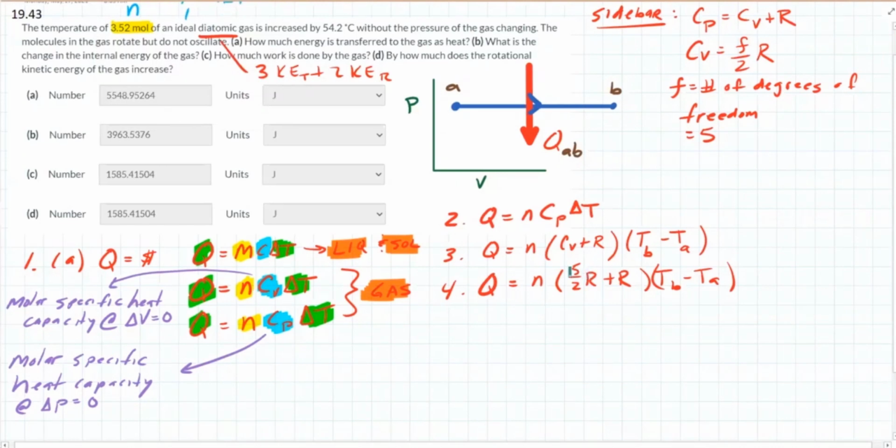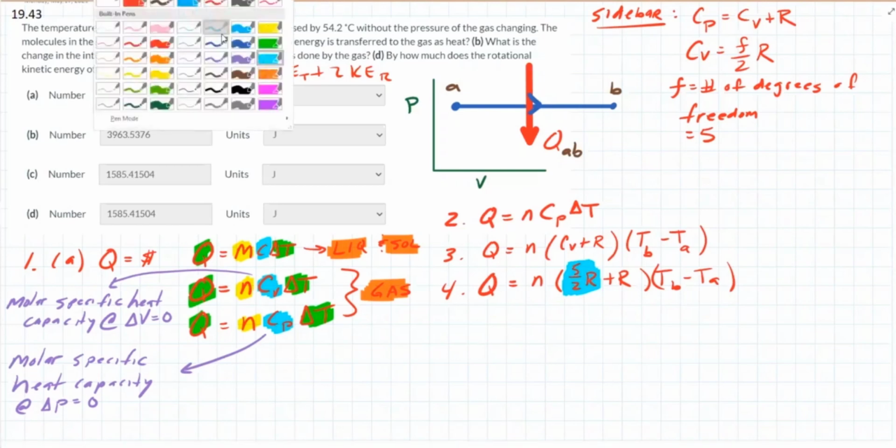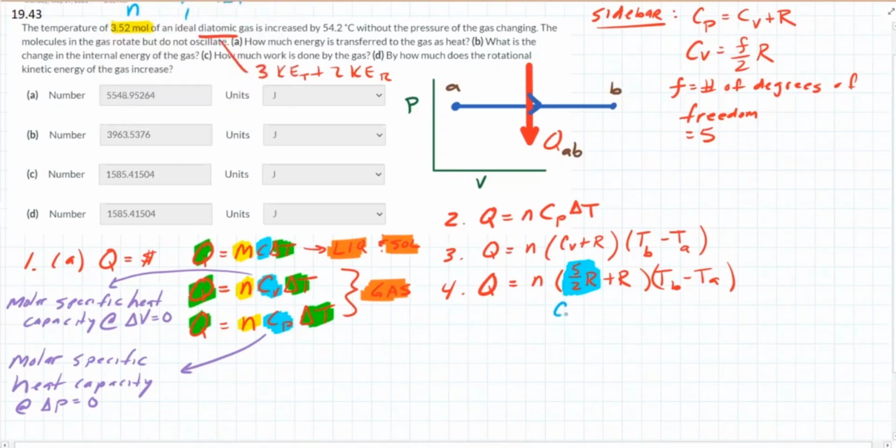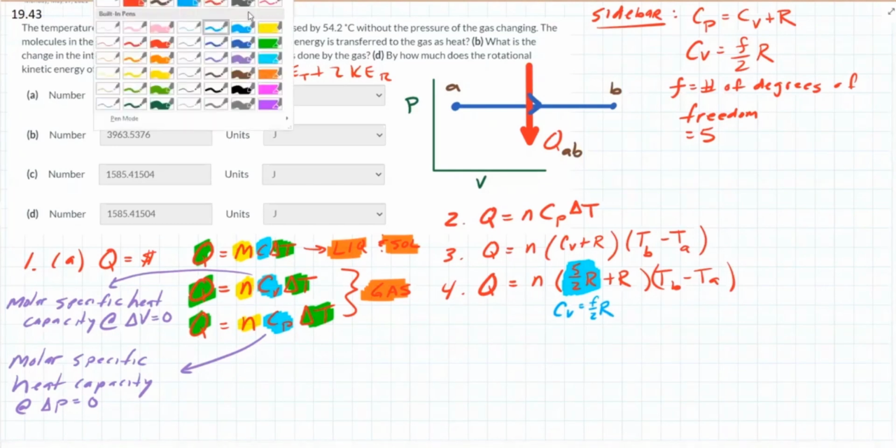Trust me, I know how everything appears overwhelming like this at first. It's like drinking from a fire hose, but this is why you keep doing a little bit every day and it makes it more digestible. This is, again, CV equals F over 2R. Just a little reminder there. That was derived in your green sheet lecture video. Let's go to the next step.